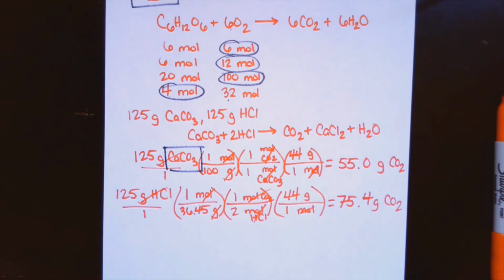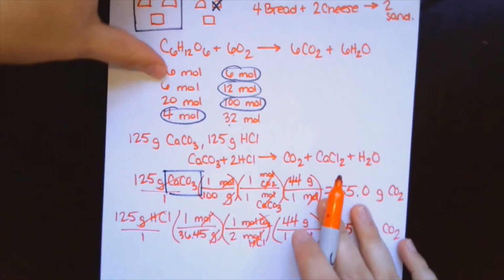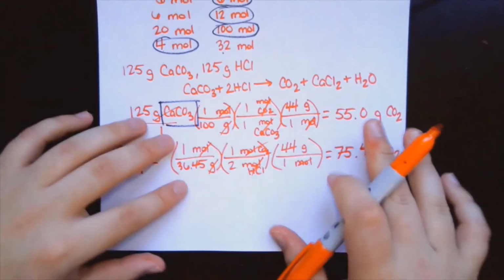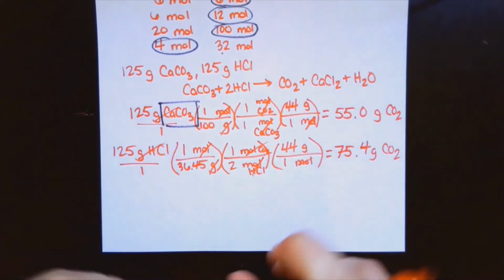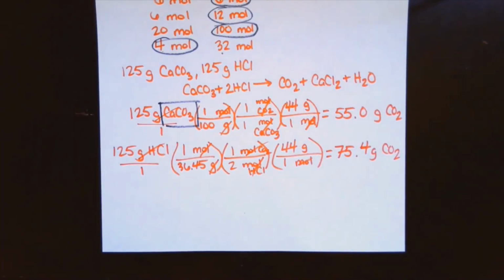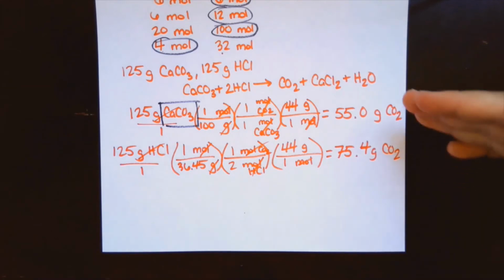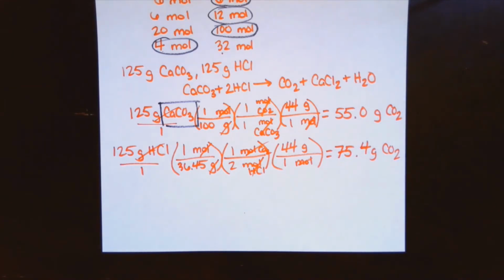Now, let's say you're asked for a percent yield. Percent yield is talking about how chemical reactions rarely work perfectly. So again, we can do this calculation and say, oh, it should produce 55 grams of carbon dioxide. But a lot of things have to happen properly when mixing chemicals in order for reactions to take place.